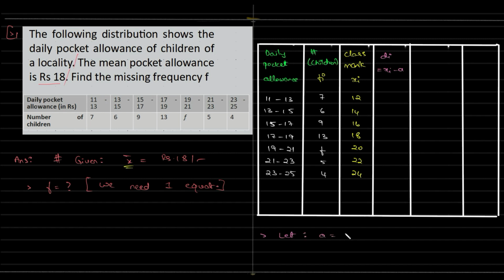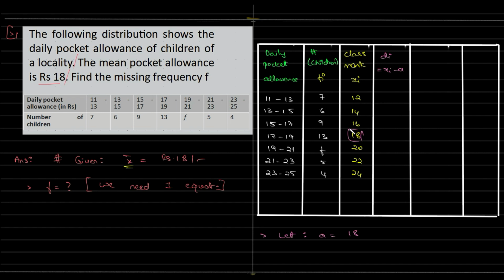Let a be equal to the middle number, 18. Anyway, we already know the mean, and it happens to be 18, so it's good to take 18. A is nothing but the assumed mean, but we need not assume, we already know the mean. Plus it's easy to handle 18, it's a whole number.